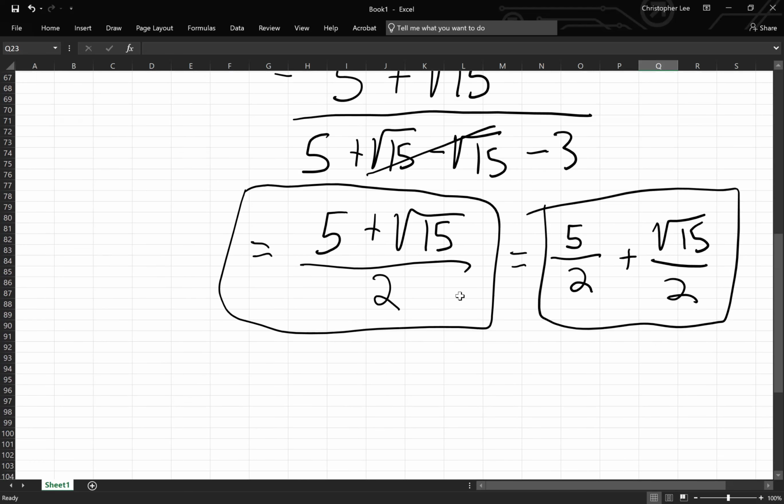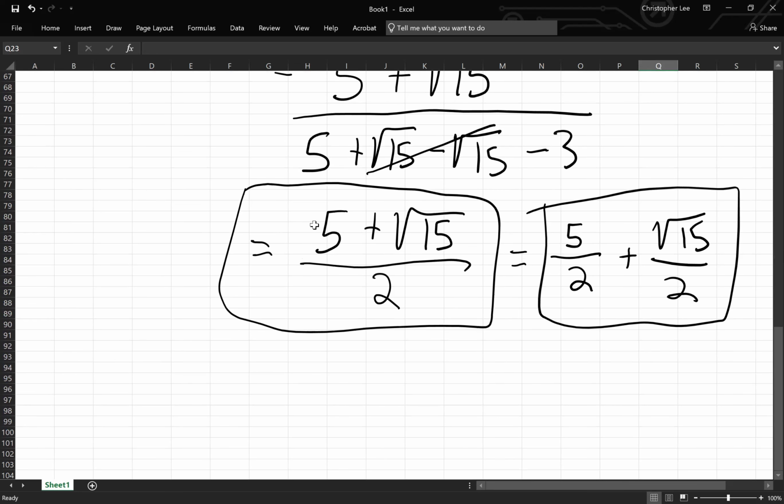These are the same. I'd accept either one. You see how the 2 is underneath everything, so you can actually break it apart individually as well. Exactly. That's the goal.